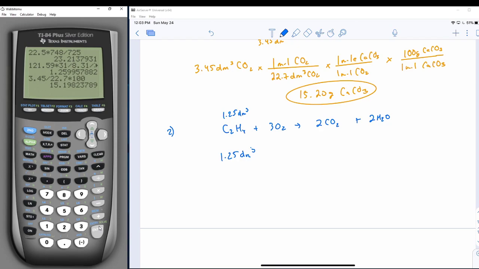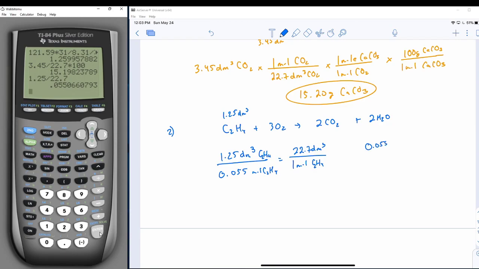Now, we're going to convert like this. So 1.25 divided by 22.7 is equal to 0.055 moles of C2H4.